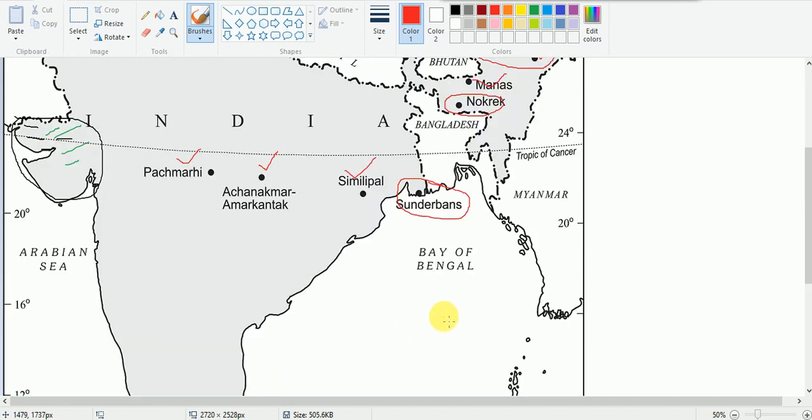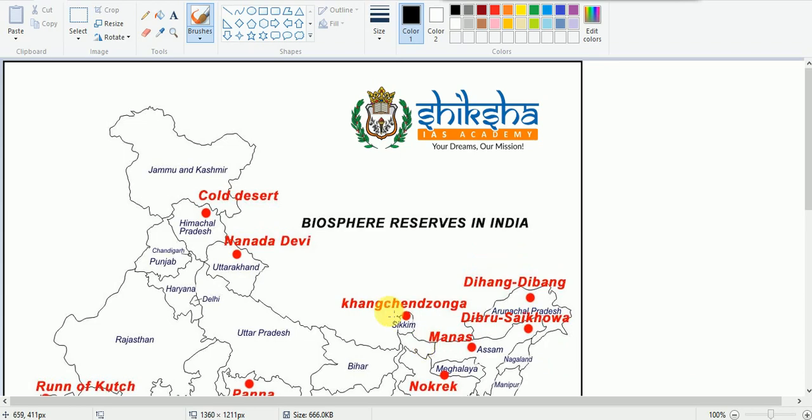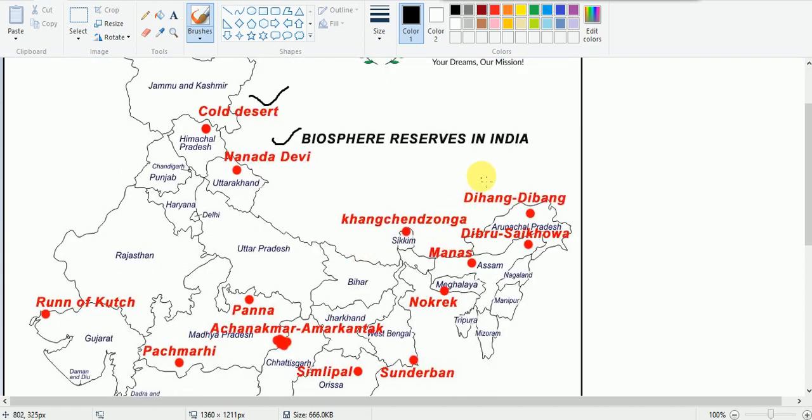And we have another map showing all the biosphere reserves mentioned in the book. Here we have Cold Desert, then Nanda Devi. Others I have already read.